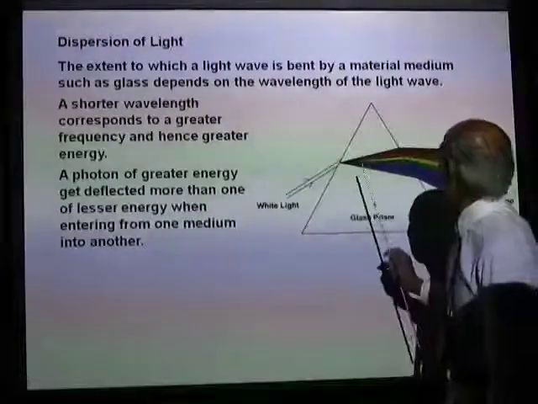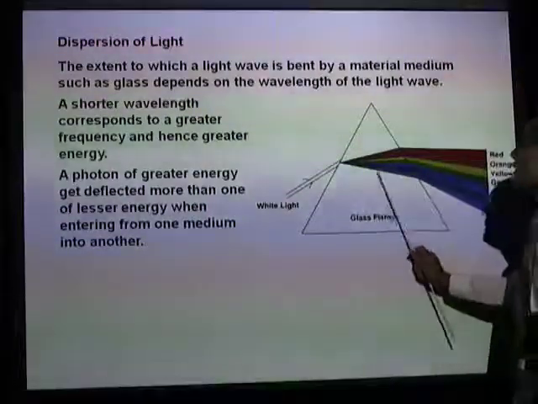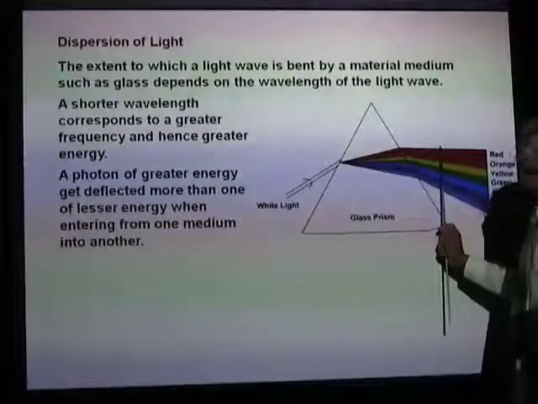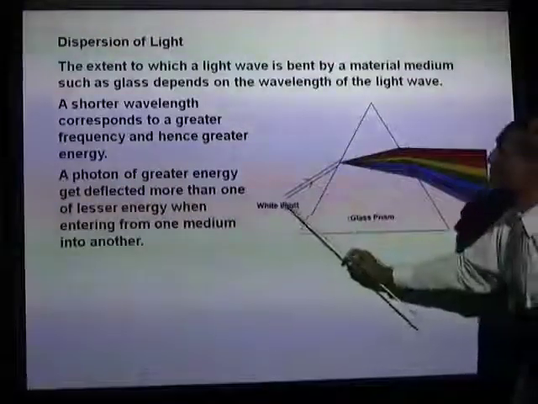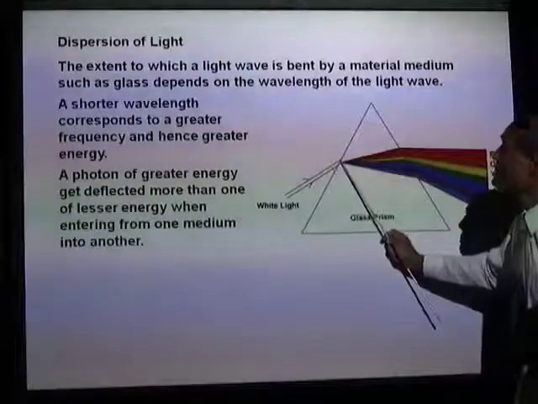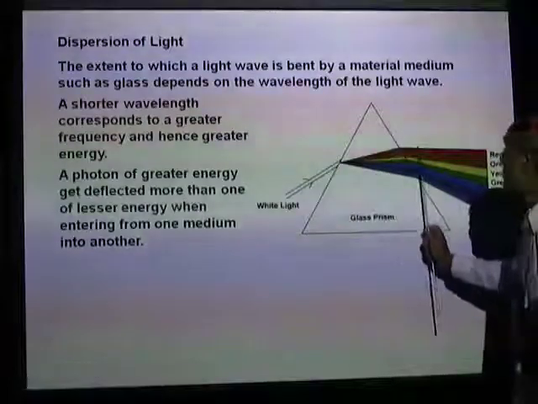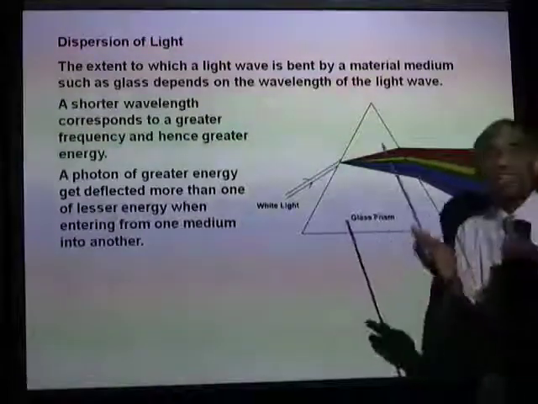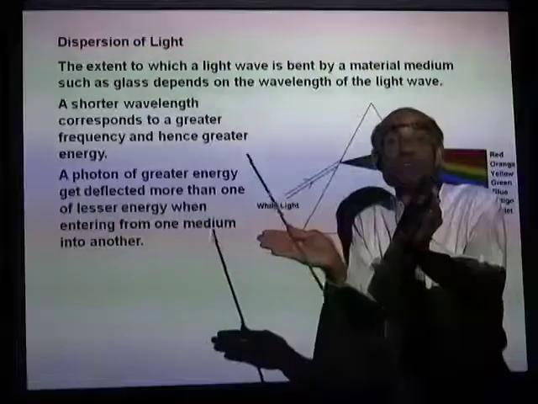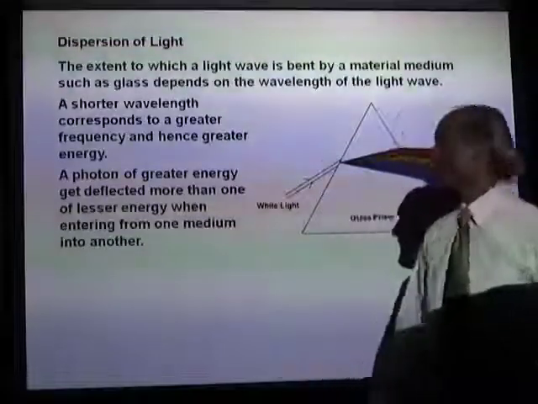For example, a violet photon carries more energy than a red photon. So if you pass white light through a glass prism, what comes out is a dispersed form of all these wavelengths.